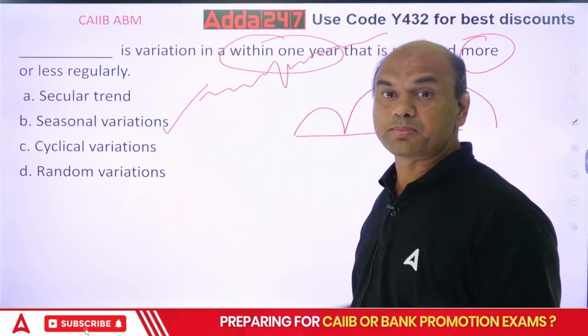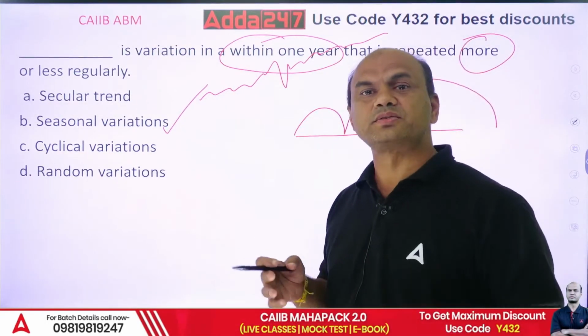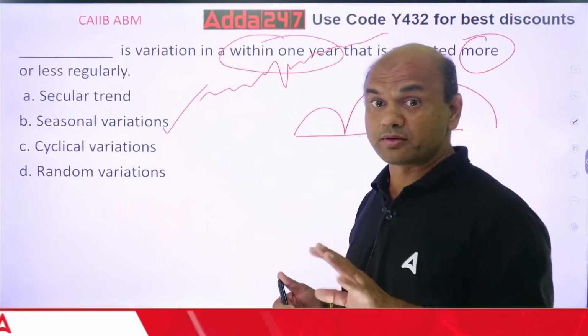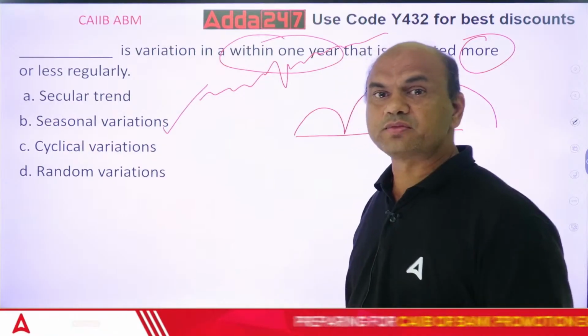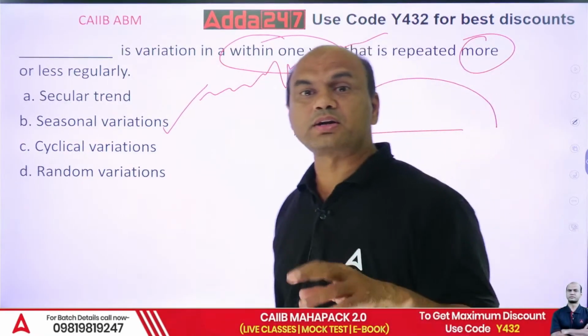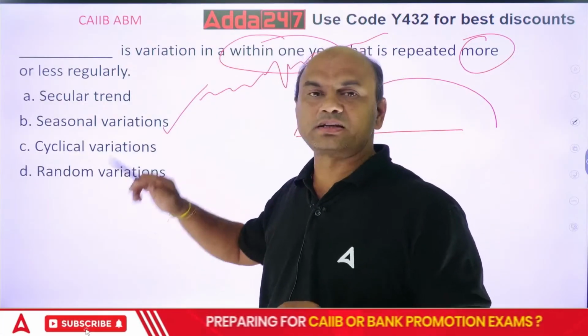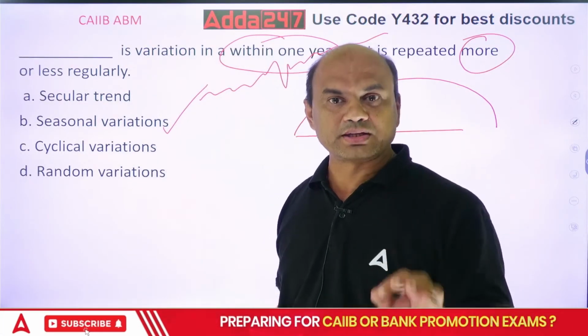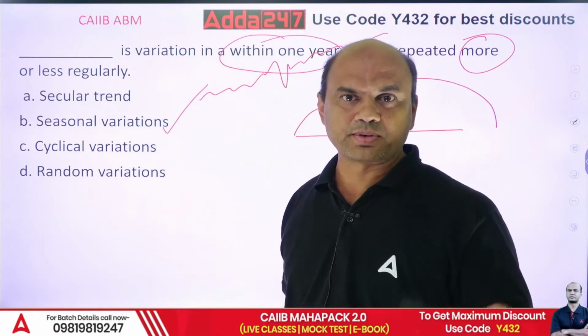Now you can't predict the time. You can't say when will any business be down. You can never predict. Okay. So that's why you can't give a time duration for cyclical variation. The only difference between seasonal and cyclical is seasonal has a regular variation which you can predict, but cyclical you can never predict.